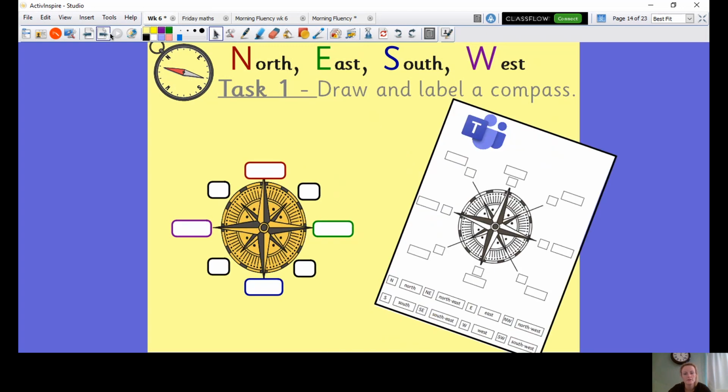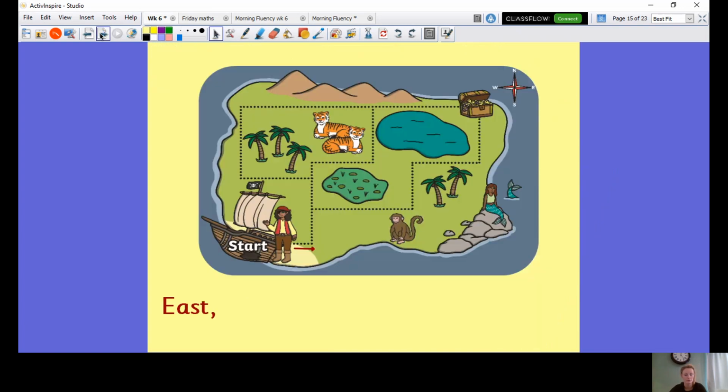So if you are feeling confident using Teams, I have saved a document that looks like this onto Teams, and you can edit it on there. There are text boxes that you click on, and then you type out the directions. You can, of course, print it out and write them, and then take a picture and send the picture in to us. That's cool as well, whichever you and your family see working best for your home learning.